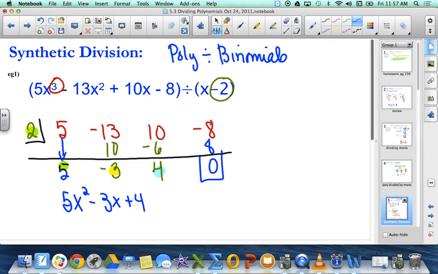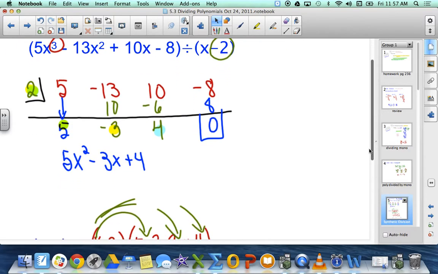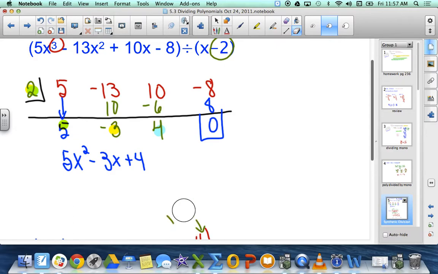So you're going down x squared, x, and this is x to the 0, but nobody puts it there. So that's the final answer. So my question to you is, is x minus 2 a factor of this polynomial 5x cubed minus 13x squared plus 10x minus 8? Yes, it is a factor because the remainder is 0.